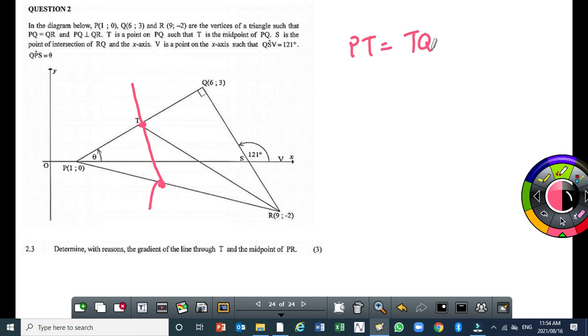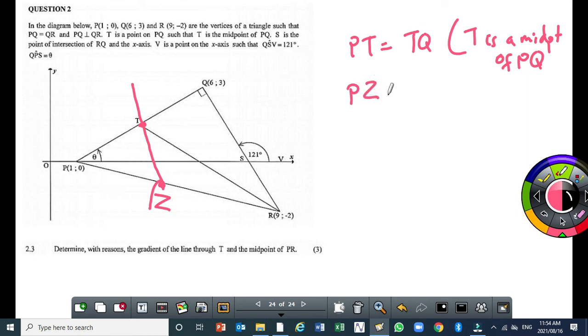This is based on the fact that T is the midpoint of PQ. Also, this is analytical, so you're allowed to do a bit of construction. So if I call this point, which letter do you want me to call it? Z. Okay, let's call it Z.